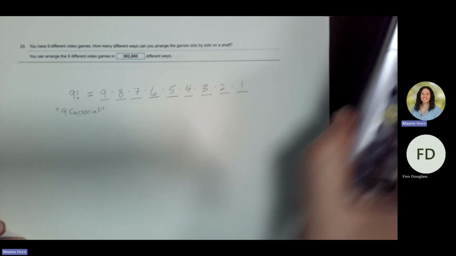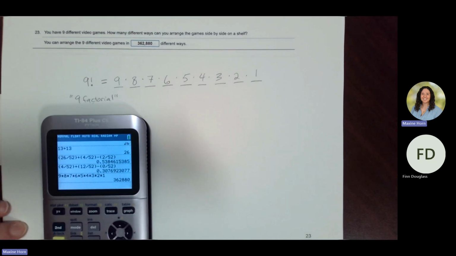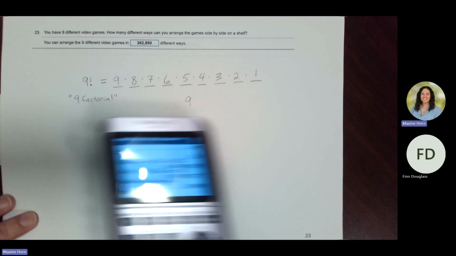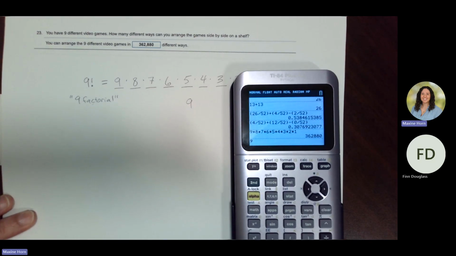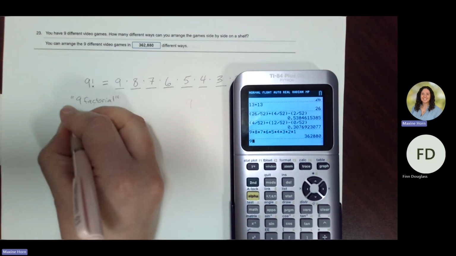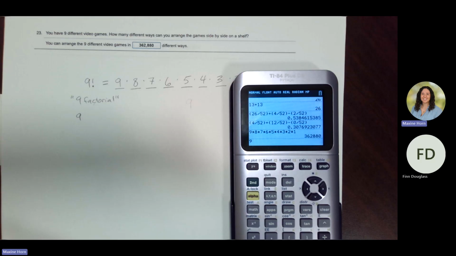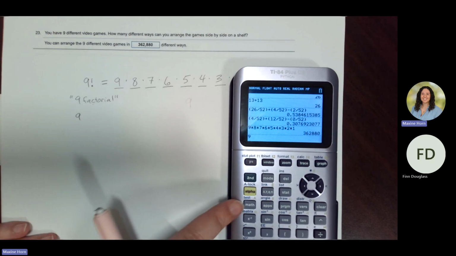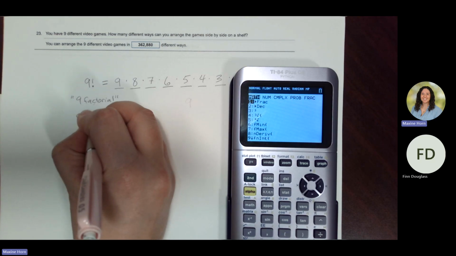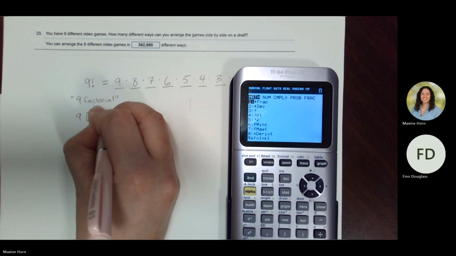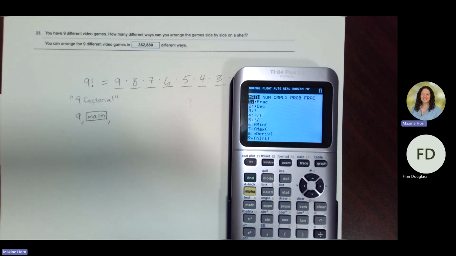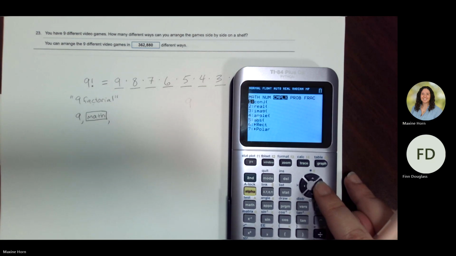Okay, so let's talk about how to plug that into the calculator. So I'm going to type in a 9, and then, let me write this over here. The calculator has to be over here, otherwise you get the glare. So then I'm going to hit this math button right here. So you type a 9 and then you hit math, and then you're going to arrow over to probability.